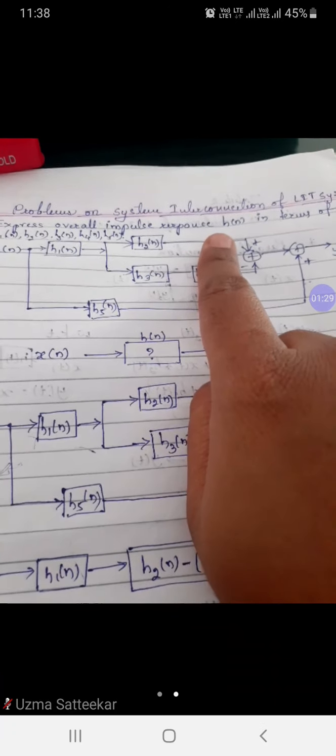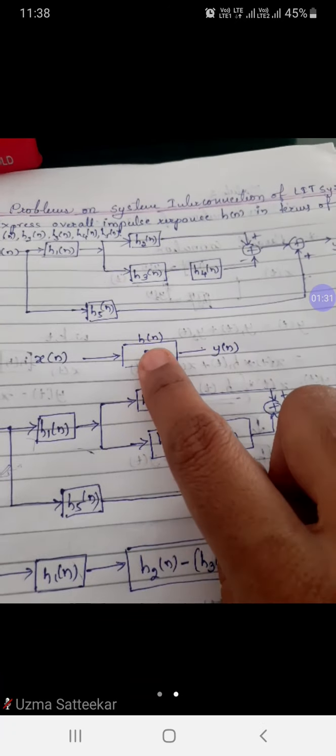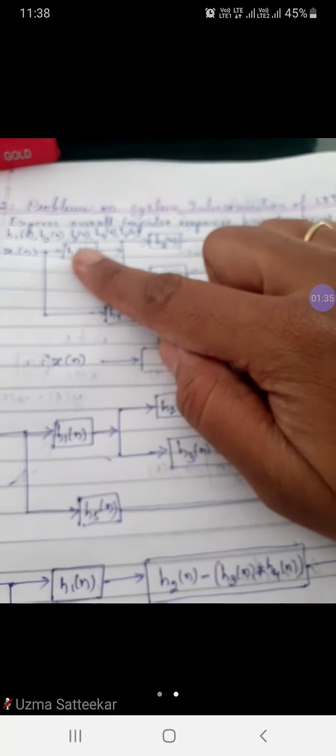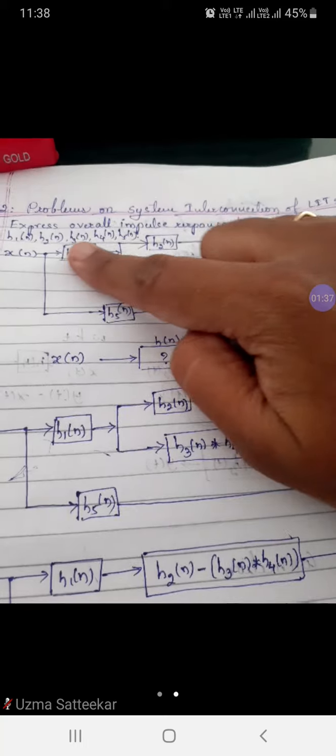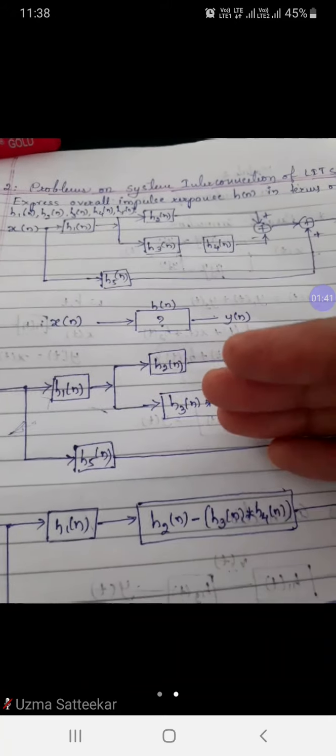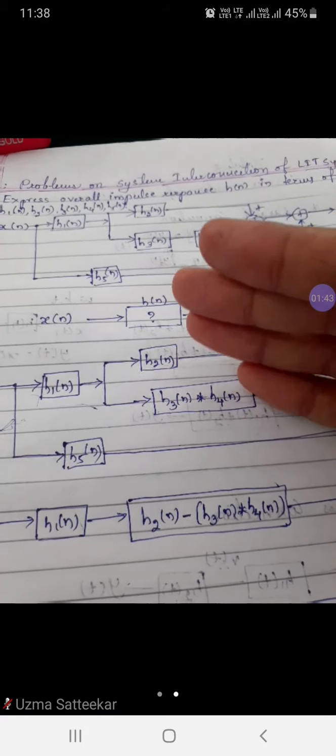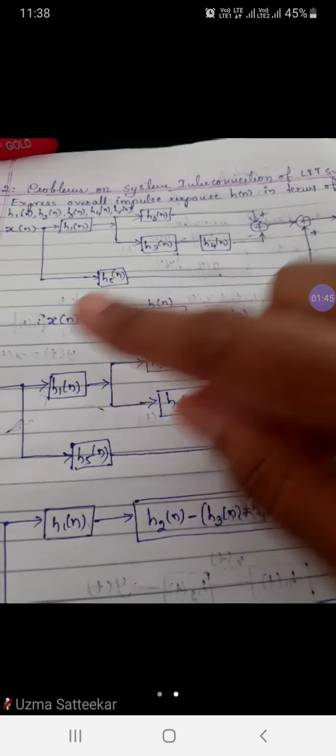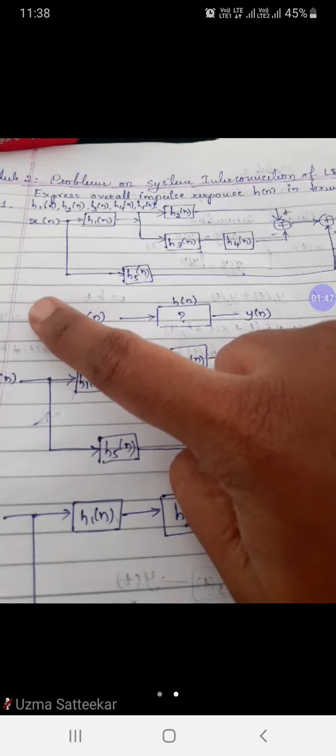The question is: express the overall impulse response h of n in terms of h1, h2, h3, h4 and h5. So let us try to reduce this block. One way of solving this problem is to list point by point all the reductions you are doing.